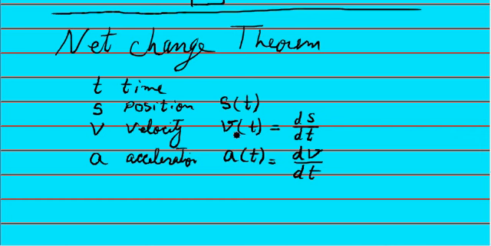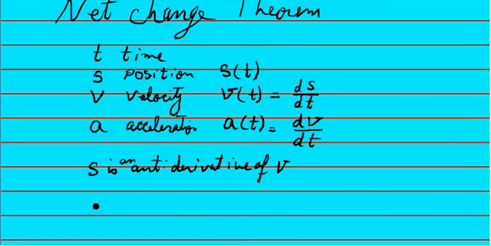Suppose you want to go from V to S. Well, antiderivative of V is going to be S. Remember, V is a derivative of S. S is antiderivative of V. Well, anything has several antiderivatives, so S is one of the antiderivatives. You always have a constant that is loose.